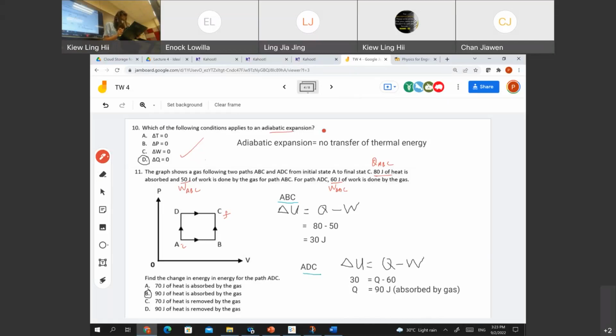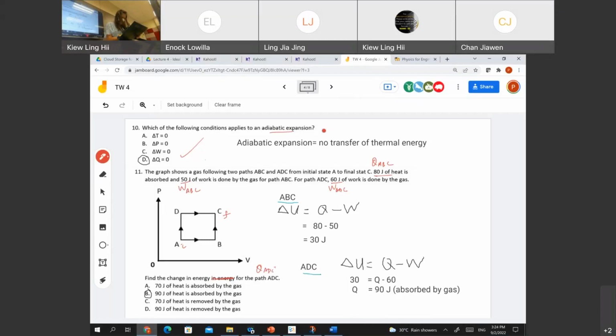Find the change in energy, and find the heat for pathway ADC.